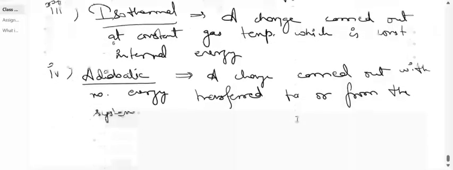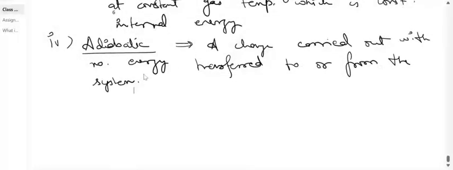Adiabatic, when there is no transfer of energy between the system and the surrounding. For example, you can keep two columns of, I should say, fridge. They have no heat exchange, but they are both placed inside one system. Any doubts? No, ma'am.